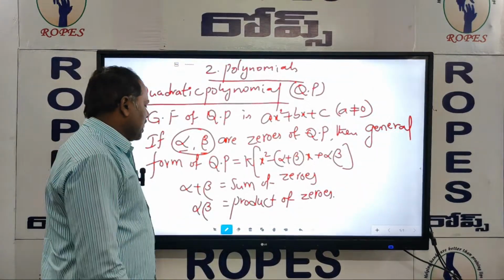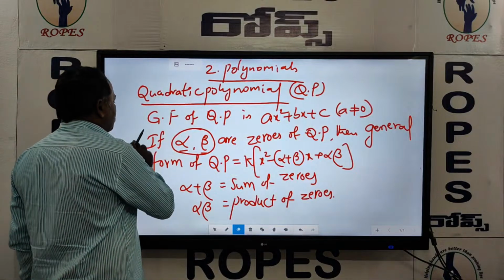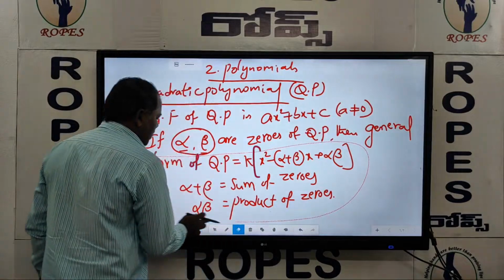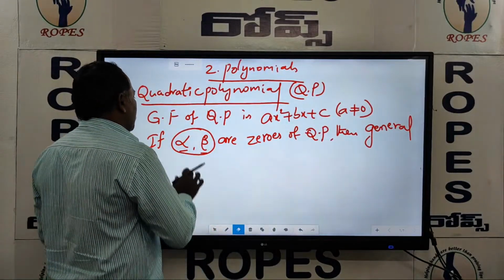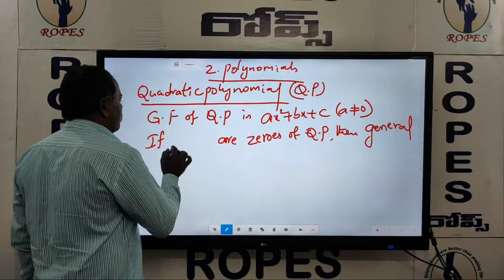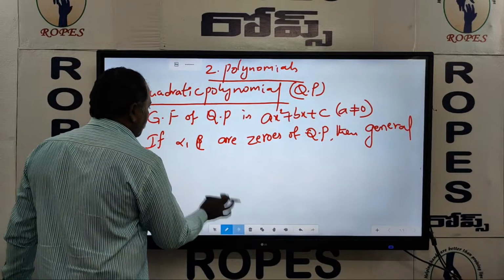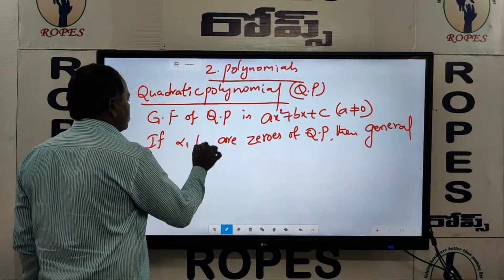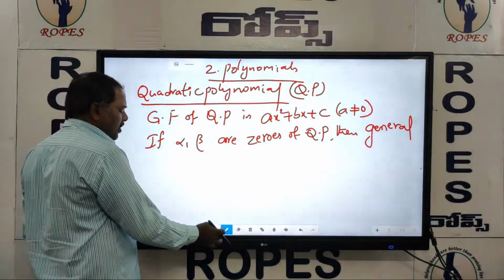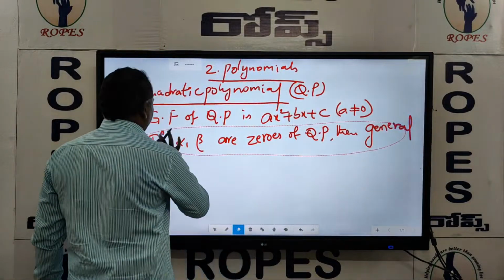Now we will see what is the relation between the zeros and coefficients of the quadratic polynomial. If alpha and beta are the two zeros, then we can write the general form.